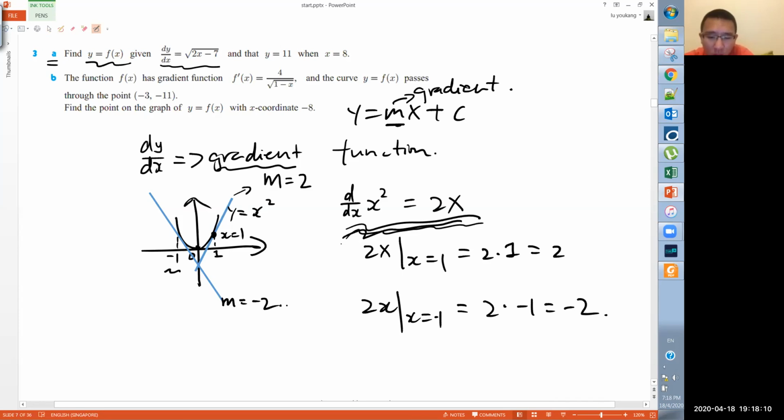So you are making use of the gradient function to find the gradient of these two lines.